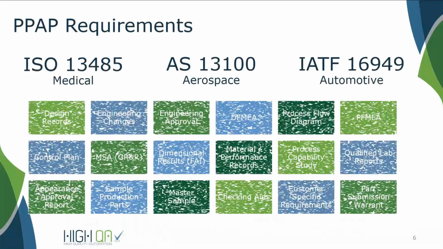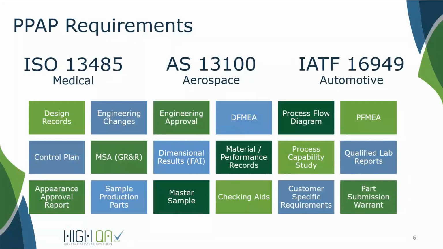The term PPAP stands for Production Part Approval Process and brings with it 18 elements of quality, sometimes referred to as the 18 elements of PPAP. Now, whether you're in the medical, aerospace, automotive, construction, defense, whatever, most customers have adopted some form of quality system to address some, if not all, of the 18 elements.